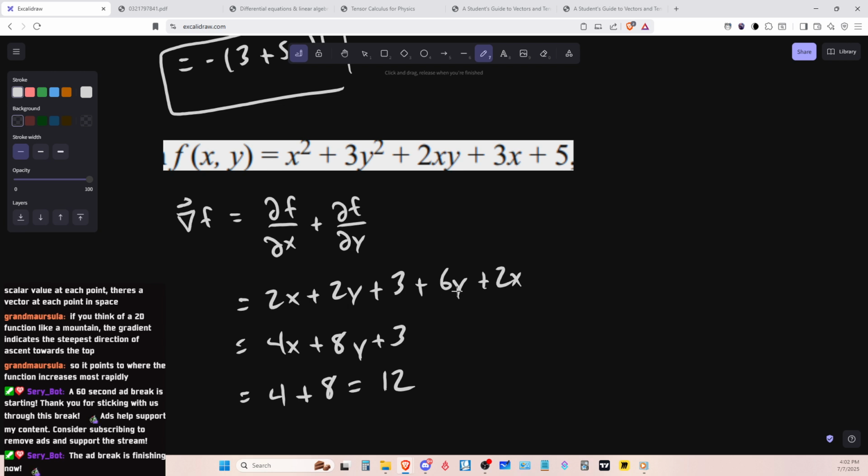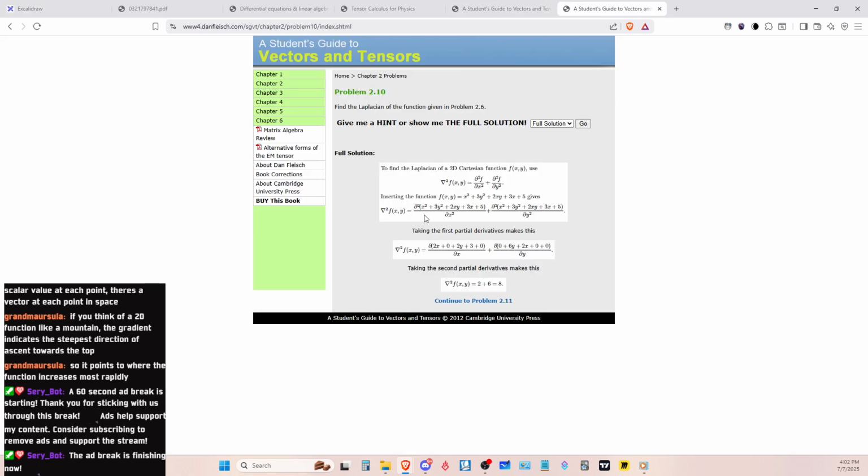There's no negative sign. Yeah, that is 6. That would equal 8.